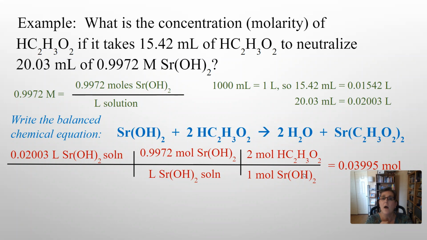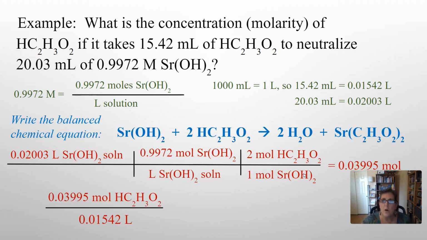But we want concentration or molarity. What is molarity again? Remember, if you ever forget, it's on the back of your periodic table. Molarity. It's moles per liter. Well, we got the moles. We have the liters, so all we have to do is divide.